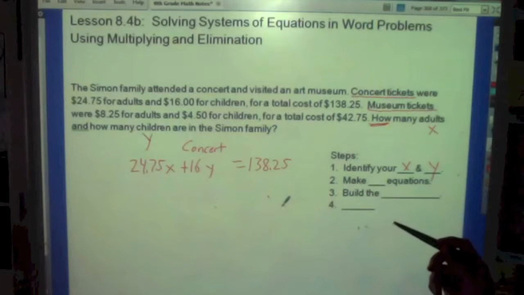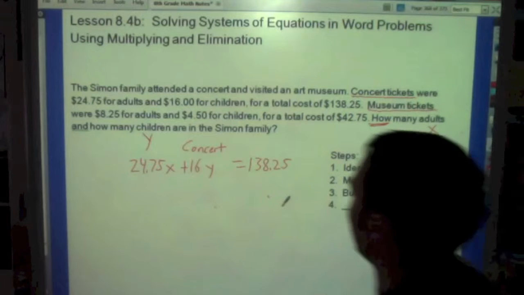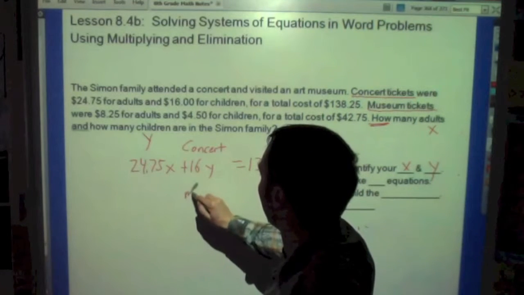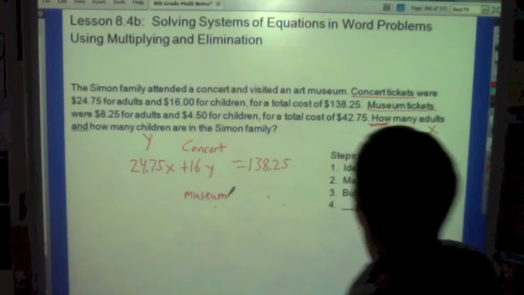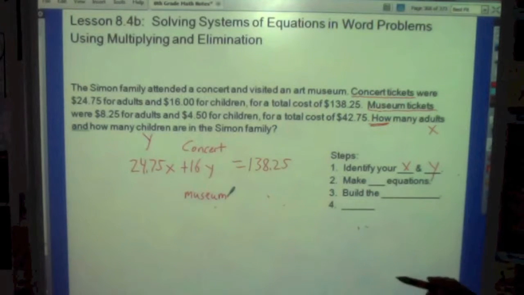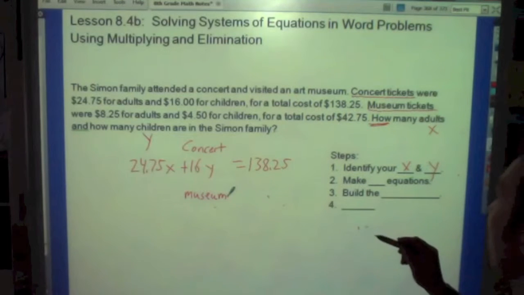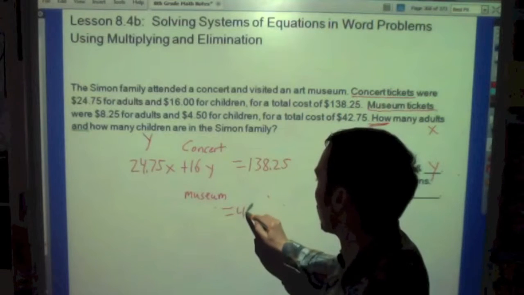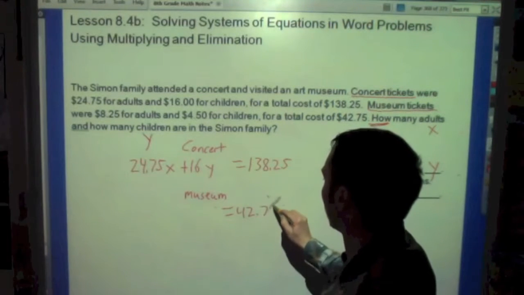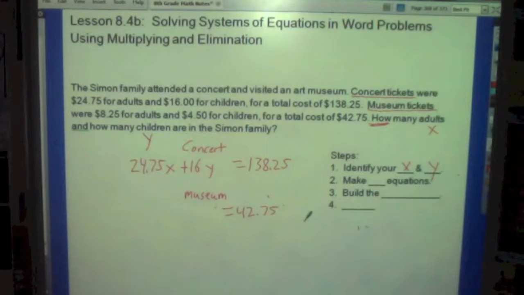Now, let's check out what we have for the museum. The museum is going to be our second equation, and for the museum, the total we are trying to reach is $42.75. All right, there's my total cost for the museum.